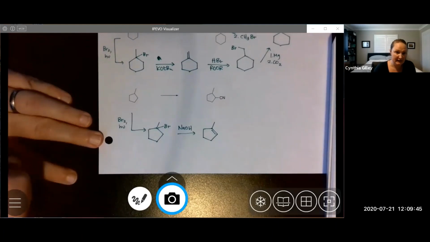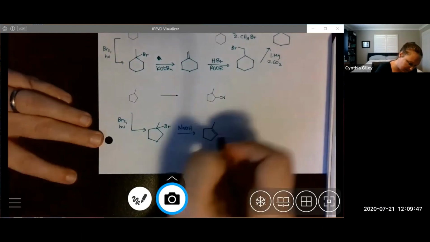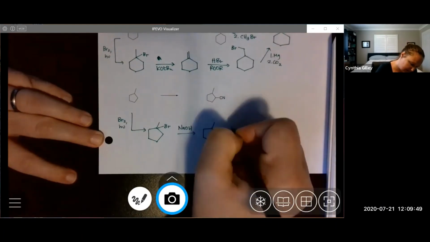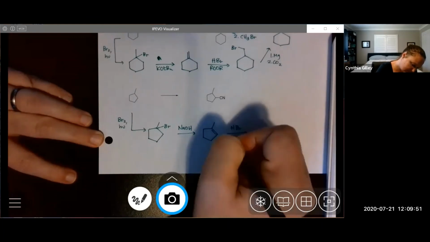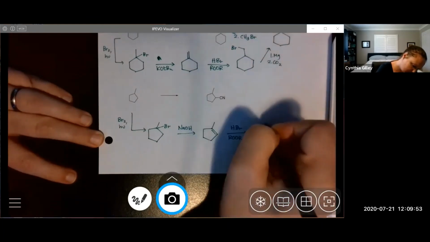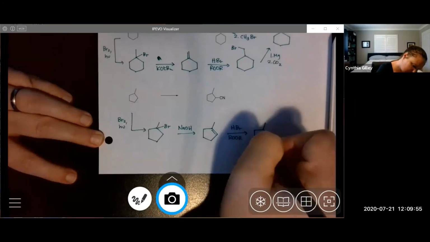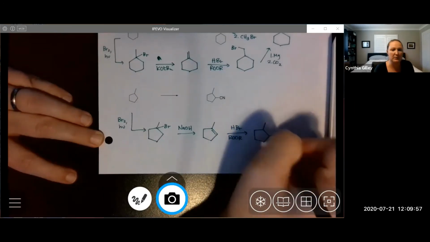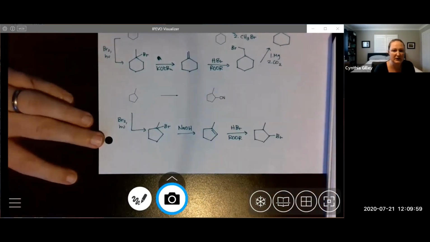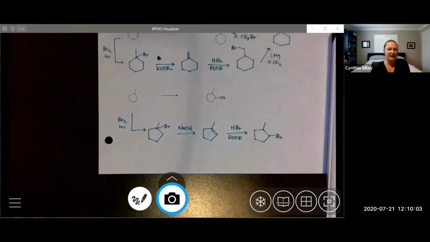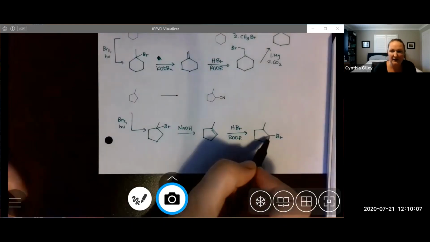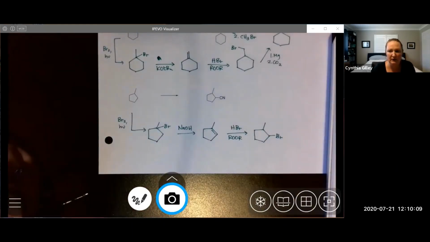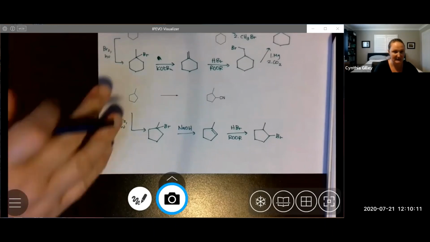And then perhaps we want to introduce another halogen. That would put a bromine at the less substituted position. And so this one, you could use sodium cyanide, but because it's secondary, the yield would probably be pretty low. So that's an option.